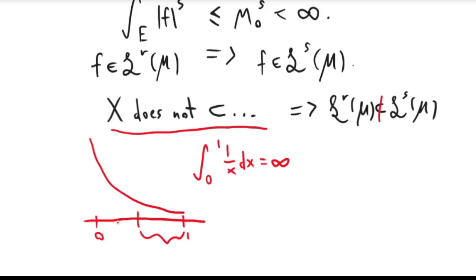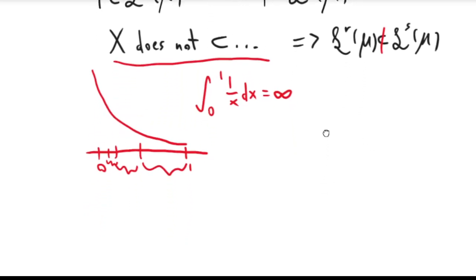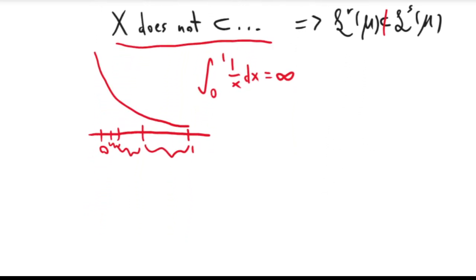So like you have this interval, this interval, this interval, and you have smaller and smaller intervals, and the function gets bigger and bigger at an appropriately fast speed on those intervals. And so we want to construct a similar function in this case, and we want it to have a finite R norm, but not have a finite S norm. And that will show that this containment doesn't hold. So that is basically the idea.